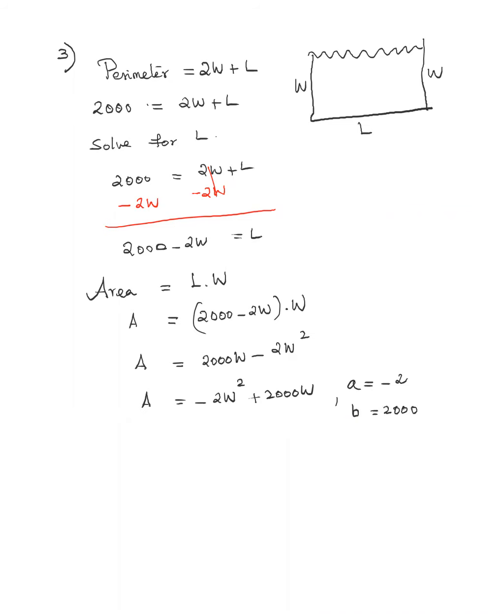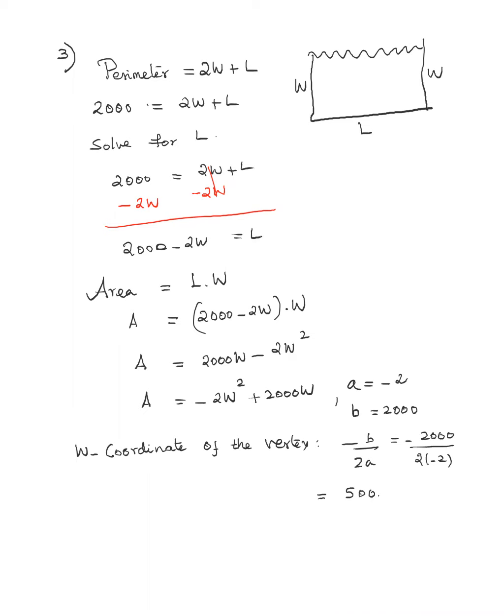The w coordinate of this vertex is negative b over 2a, which is negative 2000 divided by 2 times negative 2, so we get 500.